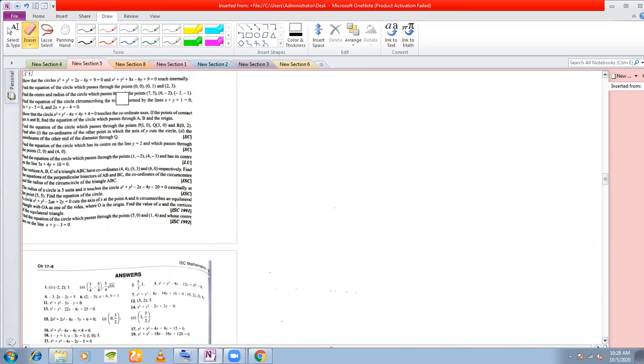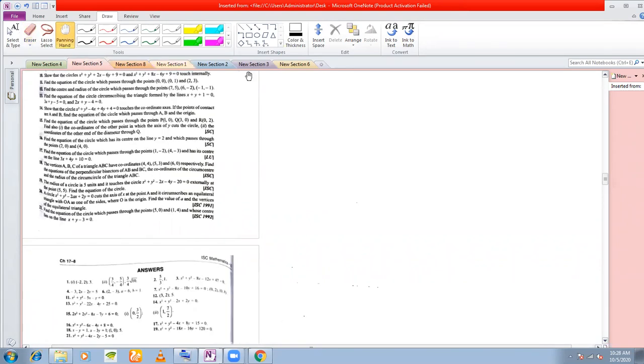Okay. So let us see number 21. Find the equation of a circle which passes through the points 5, 0 and 1, 4. So 2 points are given on the circle. Say this is the center, and say this is 1 point P given to you, say 5, 0.